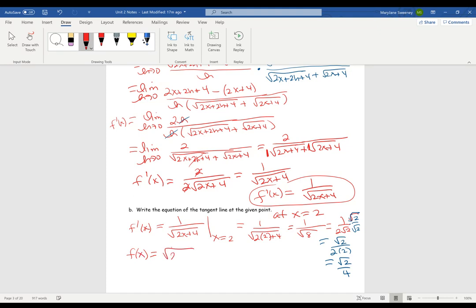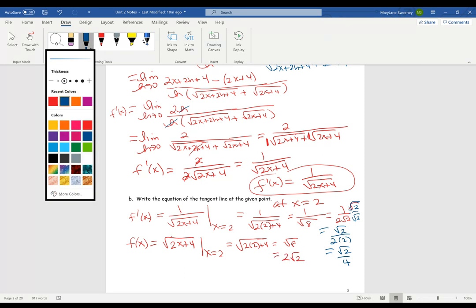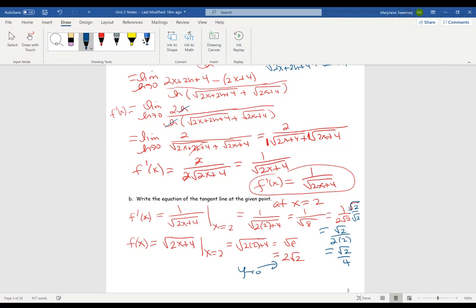It's radical 2x plus 4. So if we evaluate that at x equals 2, it's radical 2 times 2 plus 4, which is radical 8, or 2 radical 2. That is the y coordinate when x is 2.